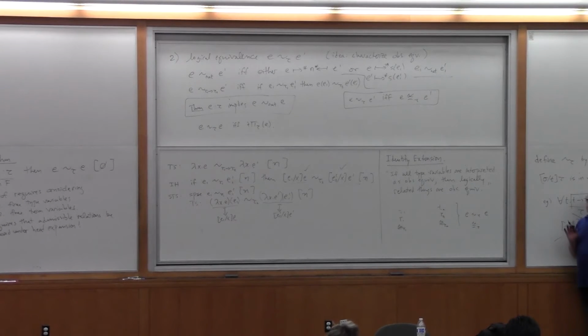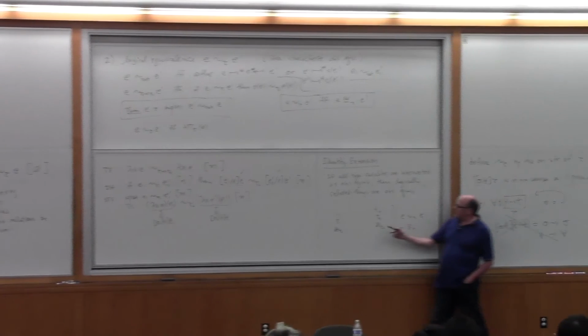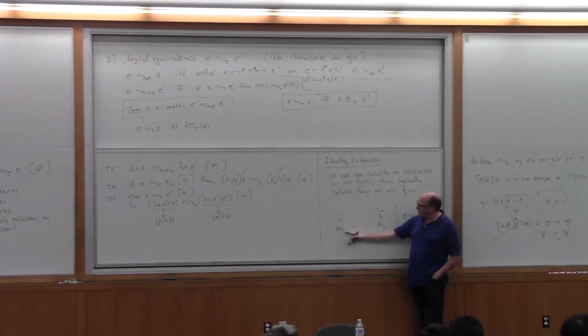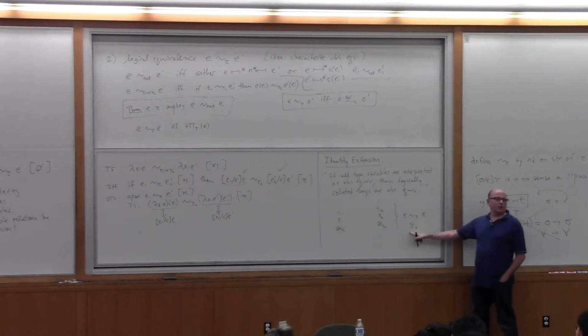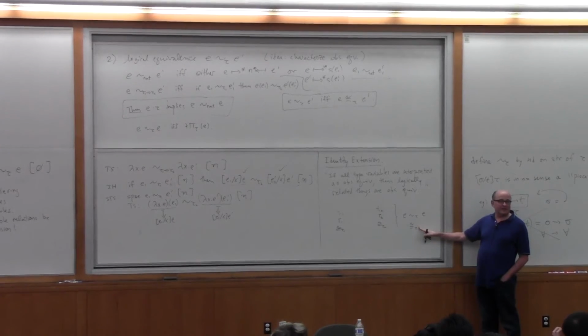So one of the choices you have for the relation is to relate tau 1 to itself, plug in tau 1 on both sides, and make those things be equality. Then the relation you're defining is equality. In particular, if there are no free type variables at all, then related things are observationally equal. Boom. So it's a sufficient condition for observational equivalence.